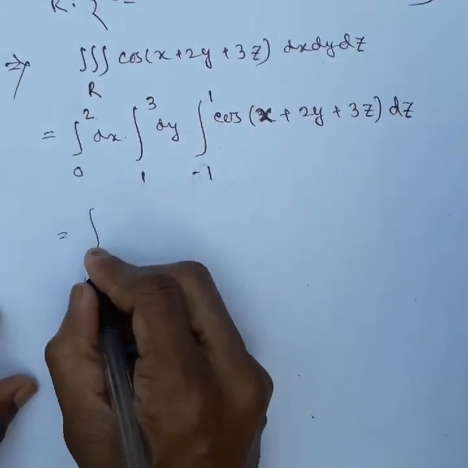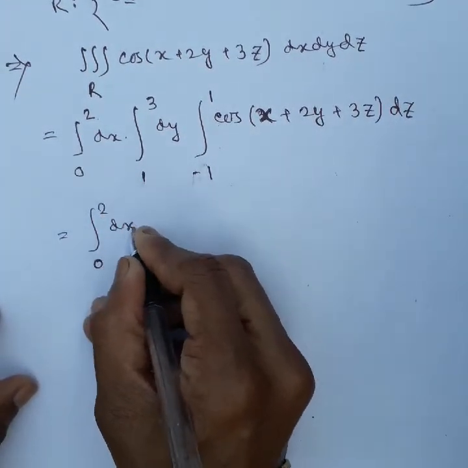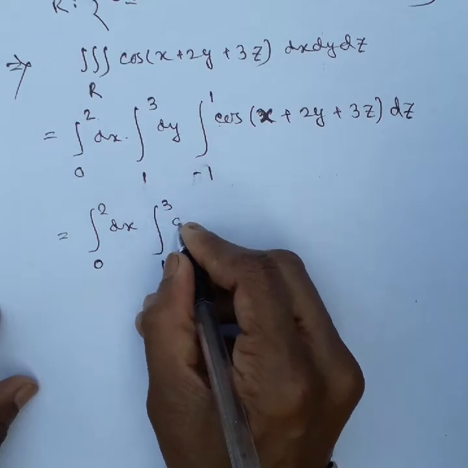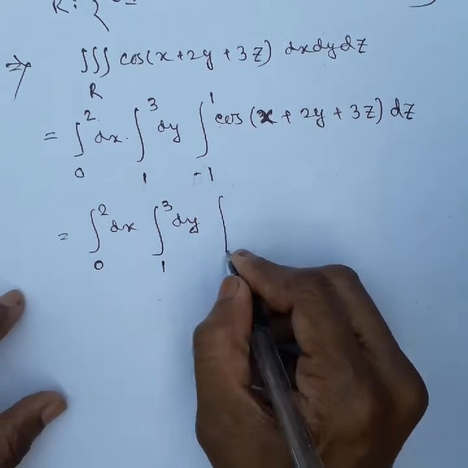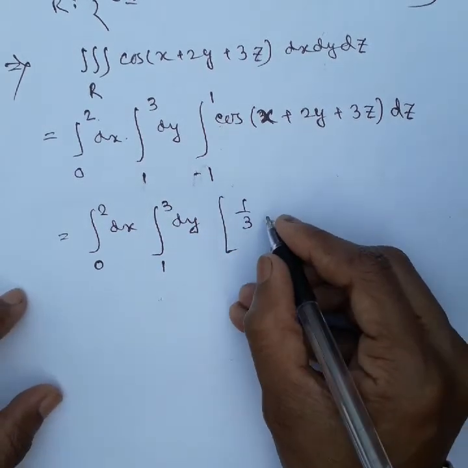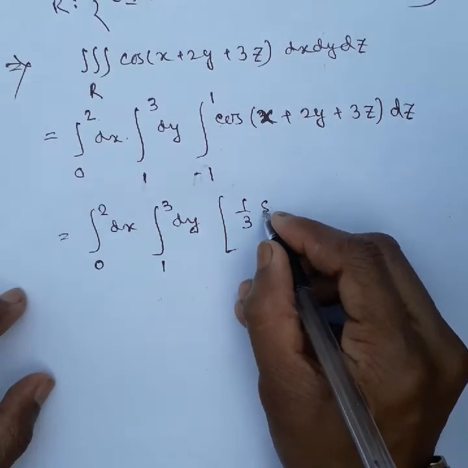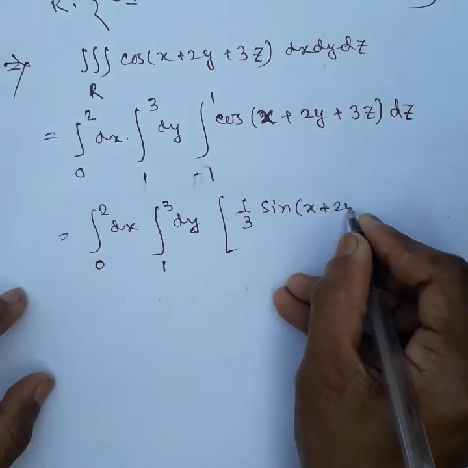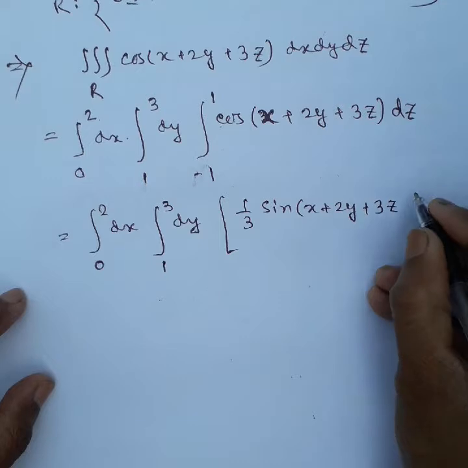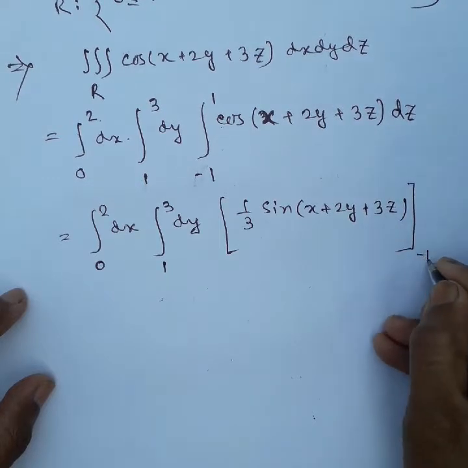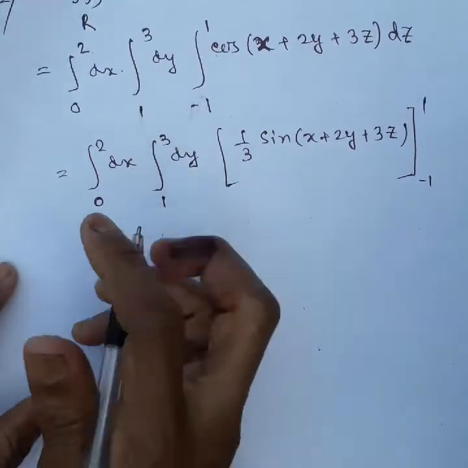Okay, so this is 0 to 2 dx, 1 to 3 dy, this is 1/3 of sine of (x plus 2y plus 3z) from -1 to +1.